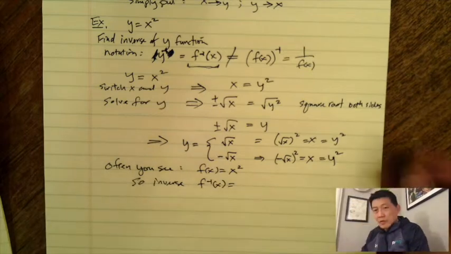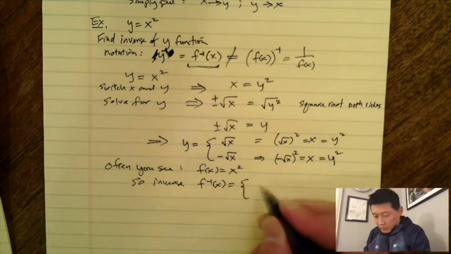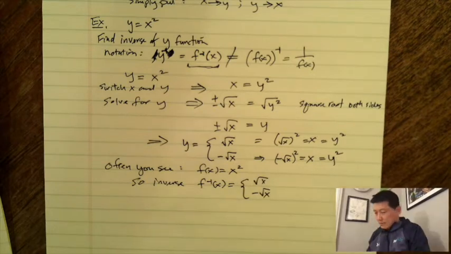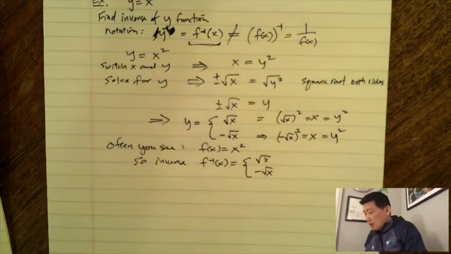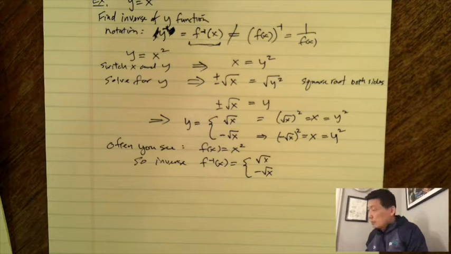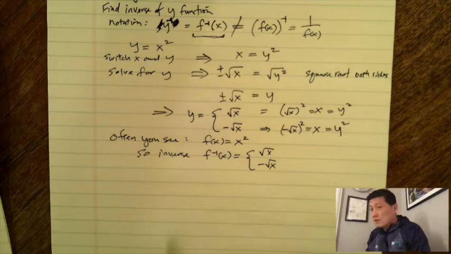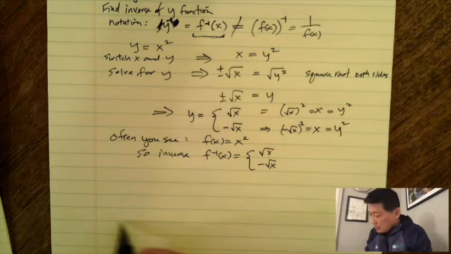Based on what we just did, we say the inverse function is square root of x and negative square root of x. Now let's take a look at the graph, and I can show you on the calculator, but I can also show you just simply by sketching it out here, and you can verify on the graphing calculator if you like. So let's take a look at this.